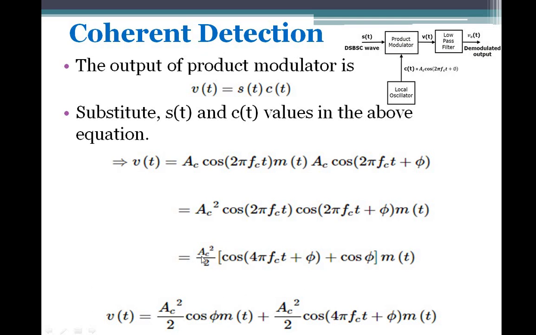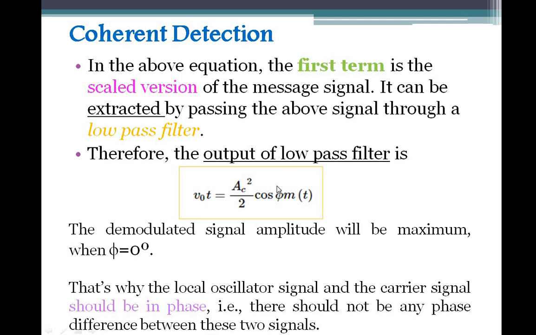So this answer V of t, after simplification, we have to give to the low pass filter. This low pass filter filters out the unwanted terms present in that equation. In the above equation, the first term we have got, Ac square by 2 cos phi m of t, is the scaled version of your message signal, and that can be extracted by passing this last equation through the low pass filter.